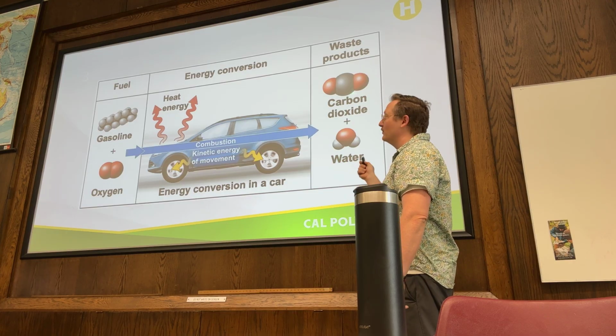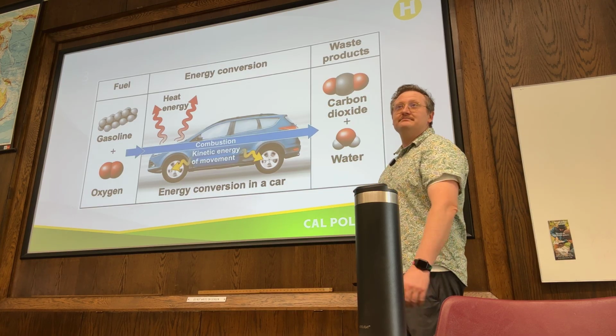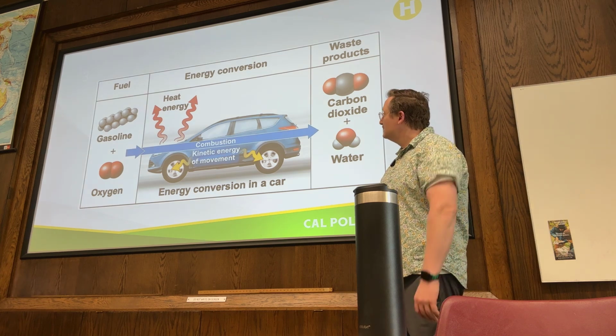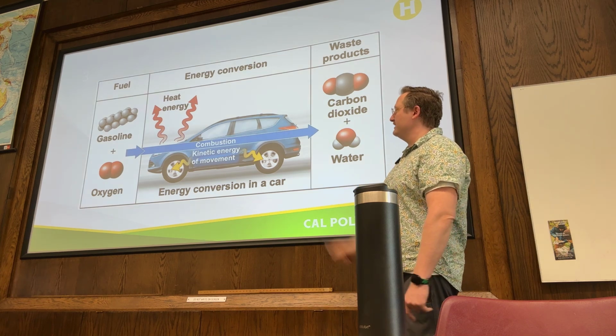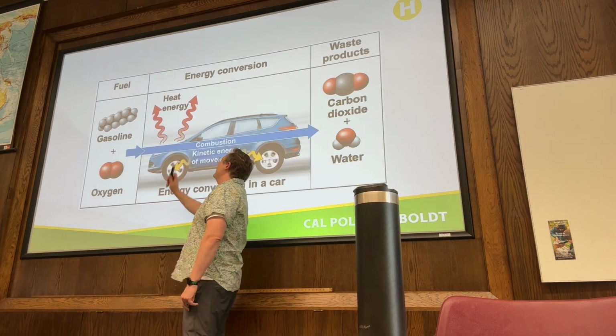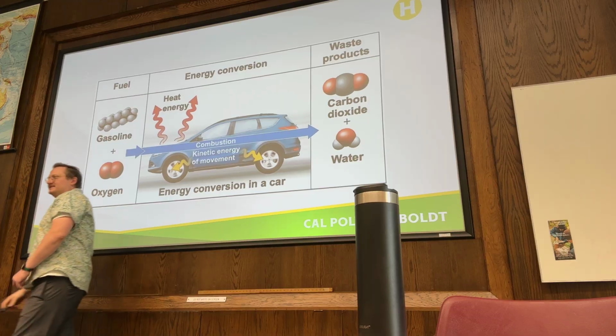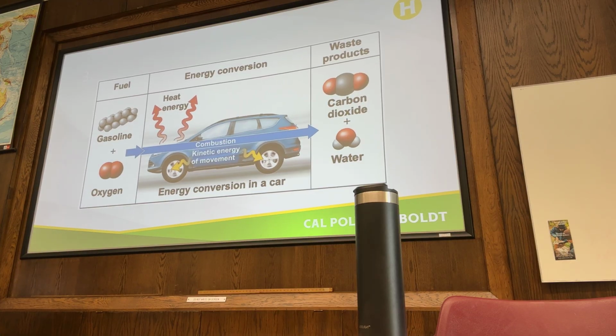They are less ordered, all right, and you release a bunch of energy. Cool? So, catabolic reaction, super standard. Some of that energy gets converted into energy of movement. Some of that energy gets lost out of the system as heat energy. Is that the second law of thermodynamics or the first one? We'll cover them in a second.